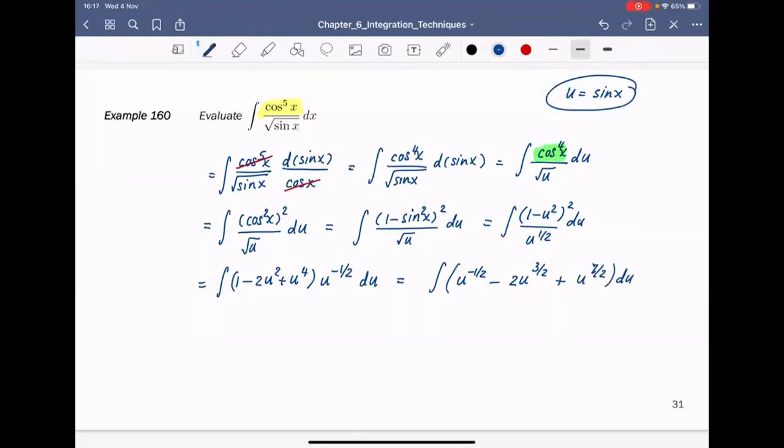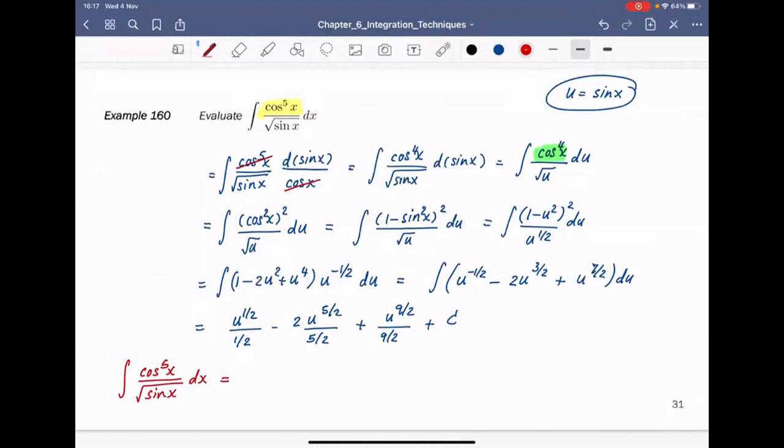All right, and you integrate that. So you have u to the 1/2 over 1/2, and then minus 2u to the 5 over 2 over 5 over 2, and then plus u to the 9 over 2 over 9 over 2 plus c. So my answer for the integral of cosine to the 5th power x over square root sine x dx is simple. I'm just going to replace u with sine.